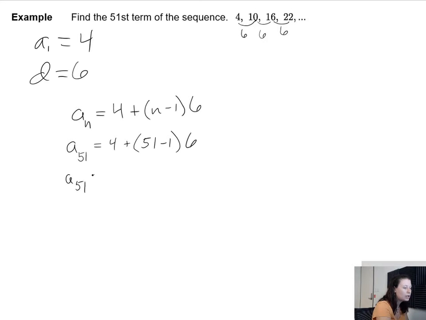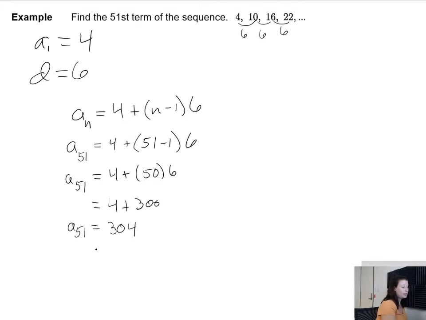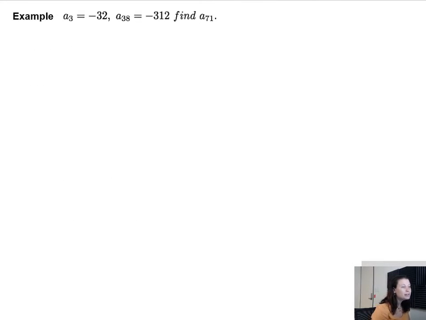So a51 is equal to 4 plus 50 times 6, which is 4 plus 300. So a51 is equal to 304. And that's it.